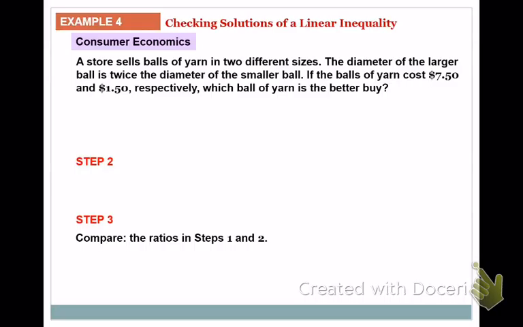A store sells balls of yarn in 2 different sizes. The diameter of the larger ball is twice the diameter of the smaller ball. If the balls of yarn cost $7.50 and $1.50 respectively, which yarn is the better buy? All right. So diameter is a length.